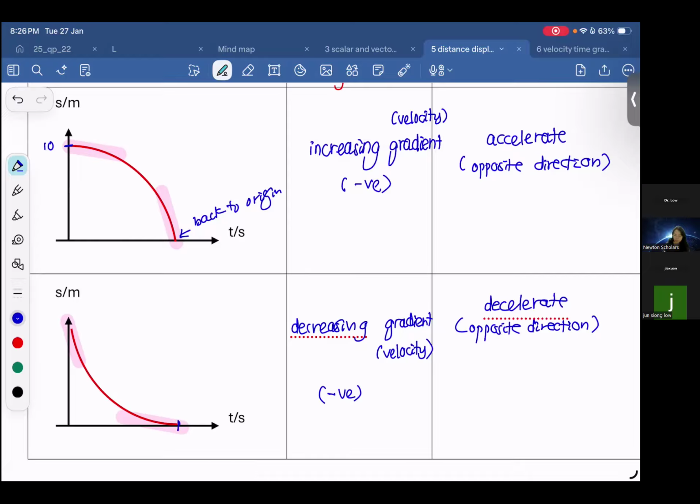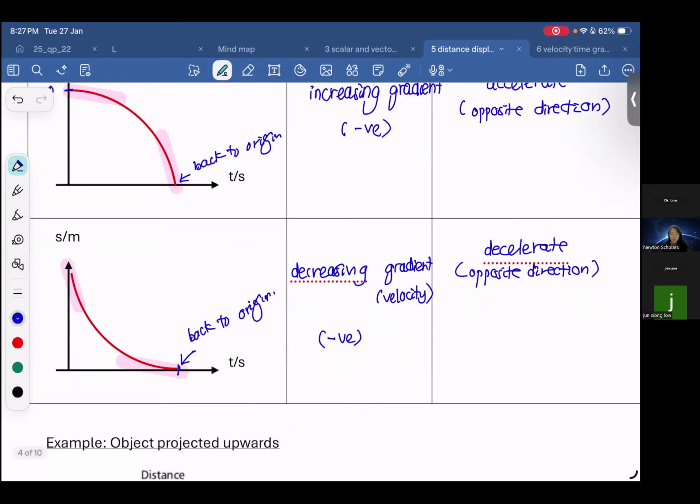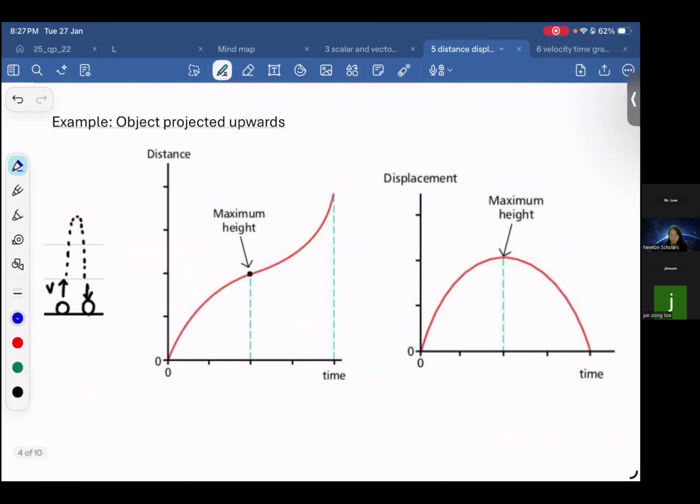Until the end, it goes back to origin. Okay, is that clear? Junxiong, okay? Jiaxuan, okay?